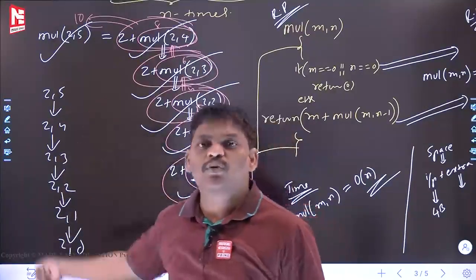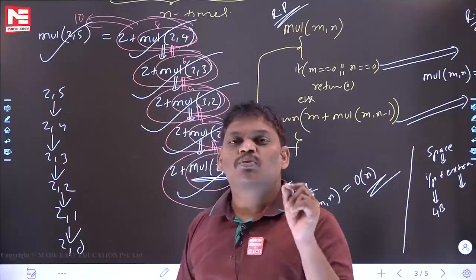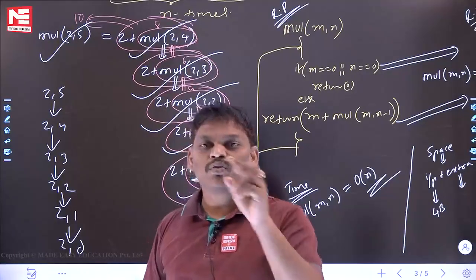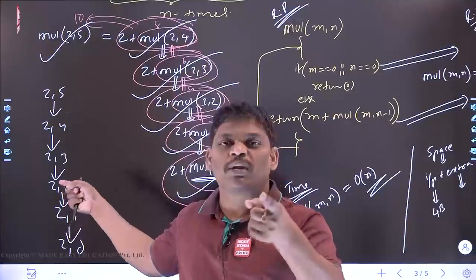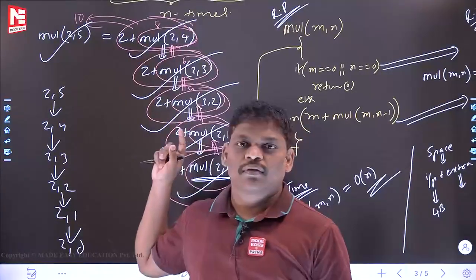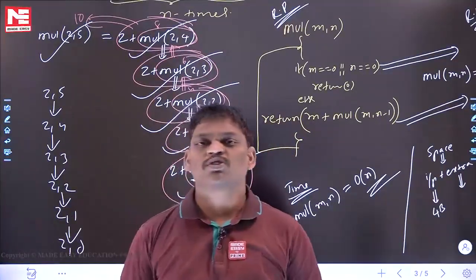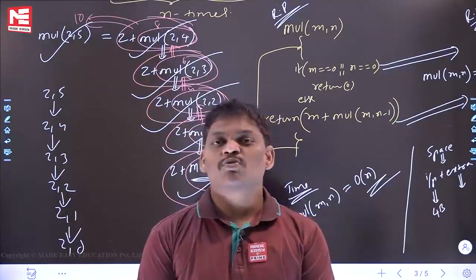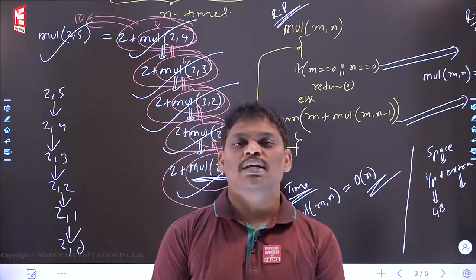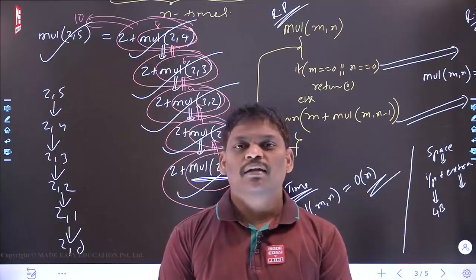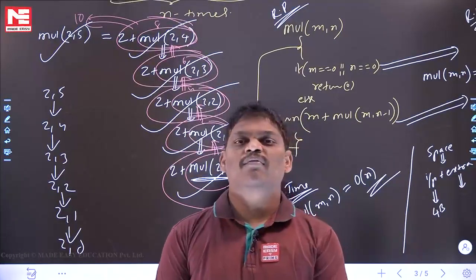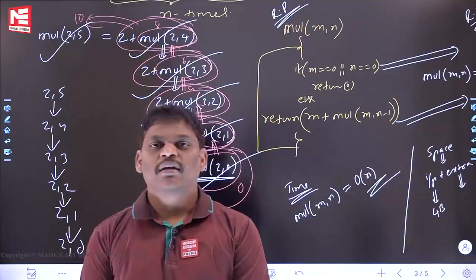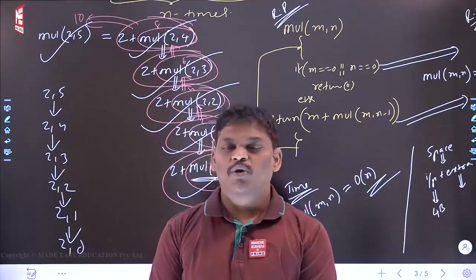Can you help me with one small line? From today onwards, if anyone asks you how much stack space a recursive program takes, what is the answer? Definitely one recursive tree will come, and in that recursive tree, how many levels are there?